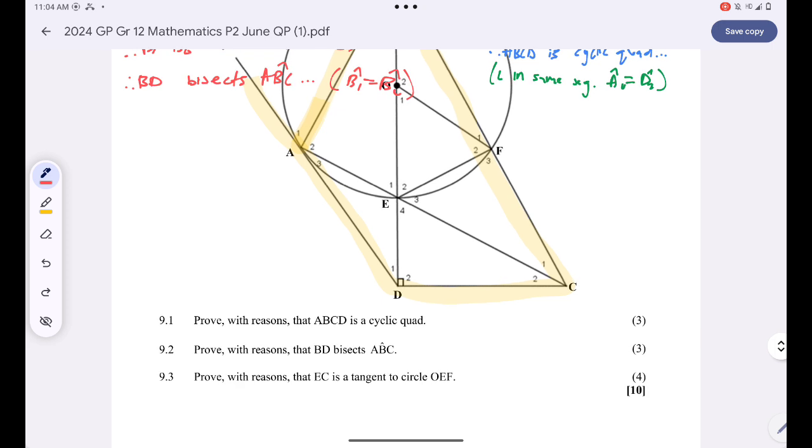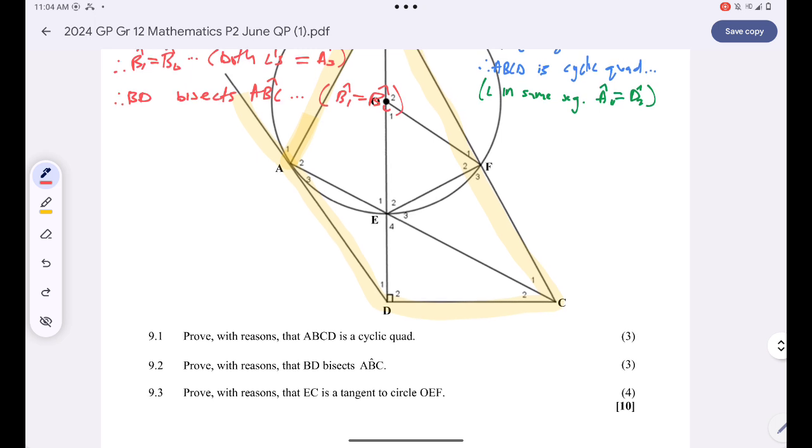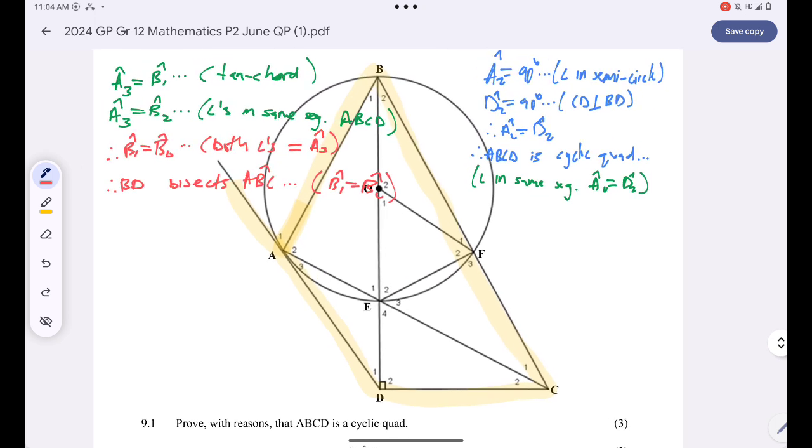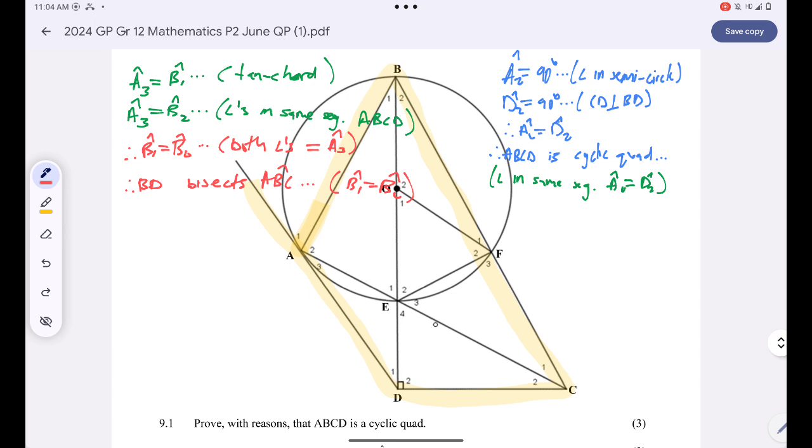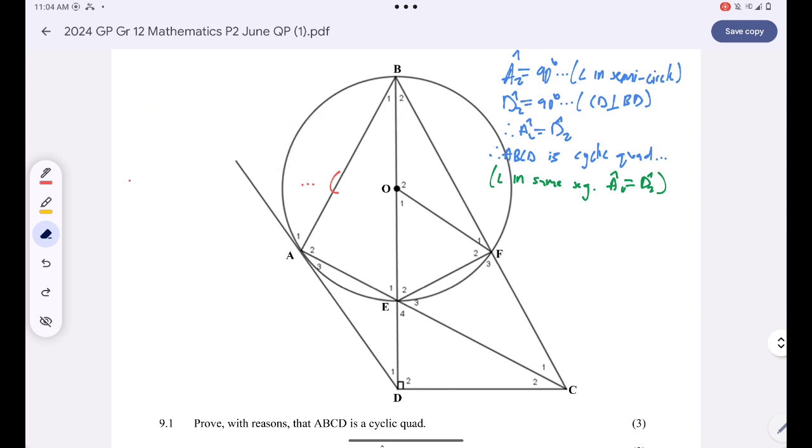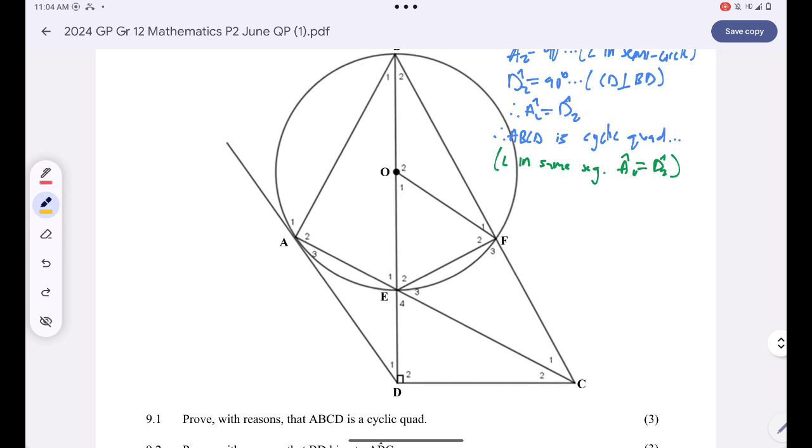Okay, and then the last question. I'm supposed to prove with reasons that EC is a tangent to the circle OEF. Where is EC here? EC is a tangent to the circle OEF. Okay, let me erase here just to create room for me to write. So basically, I'm supposed to show that there's a circle over there, and EC is a tangent to that circle.